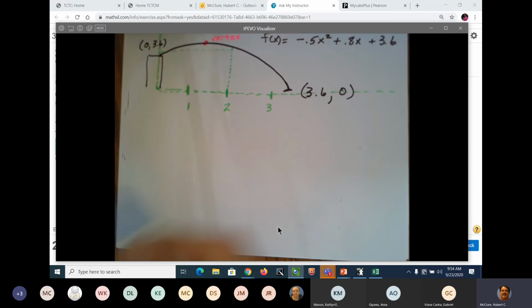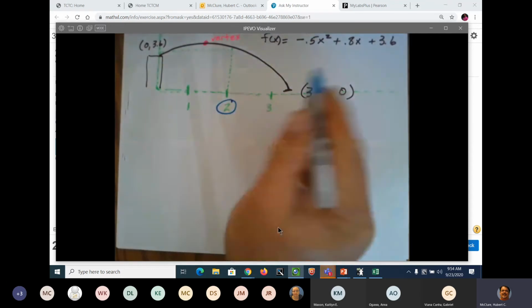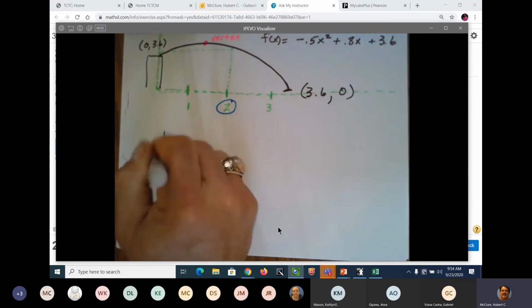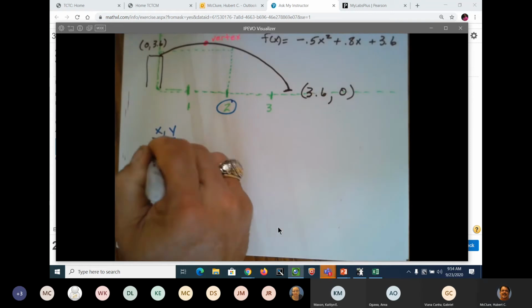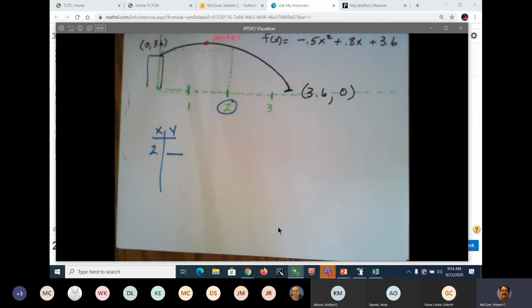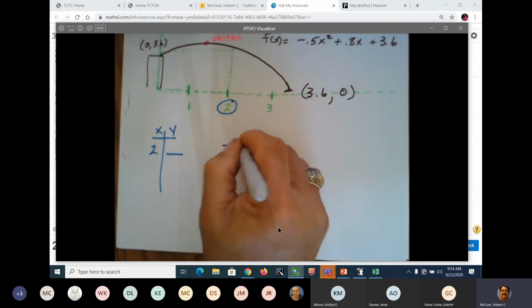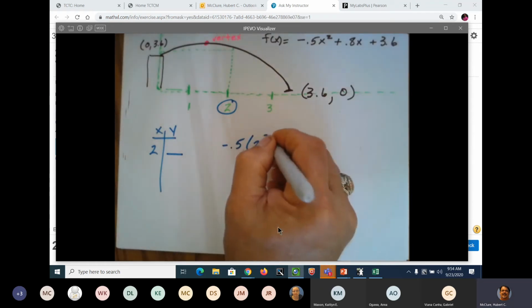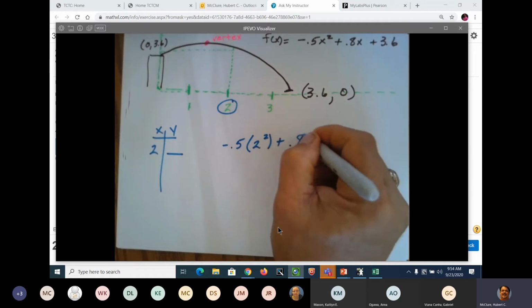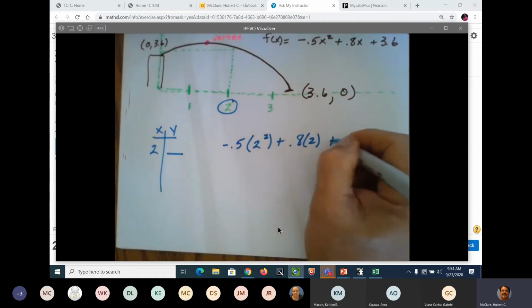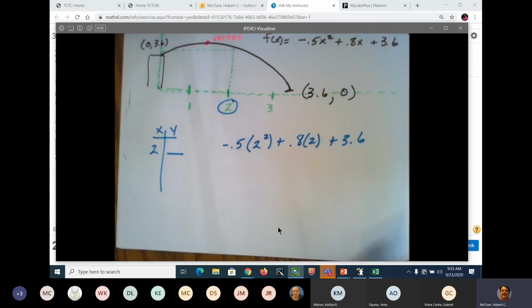I'm going to plug in 2 into my equation. Technically, I'm doing this. Remember back in pre-algebra? So negative 0.5 times 2 squared plus 0.8 times 2 plus 3.6.